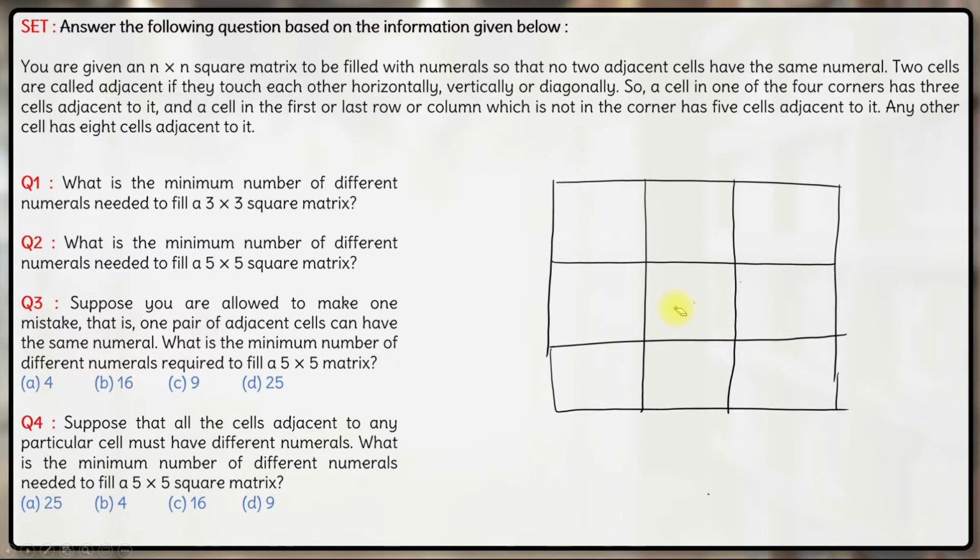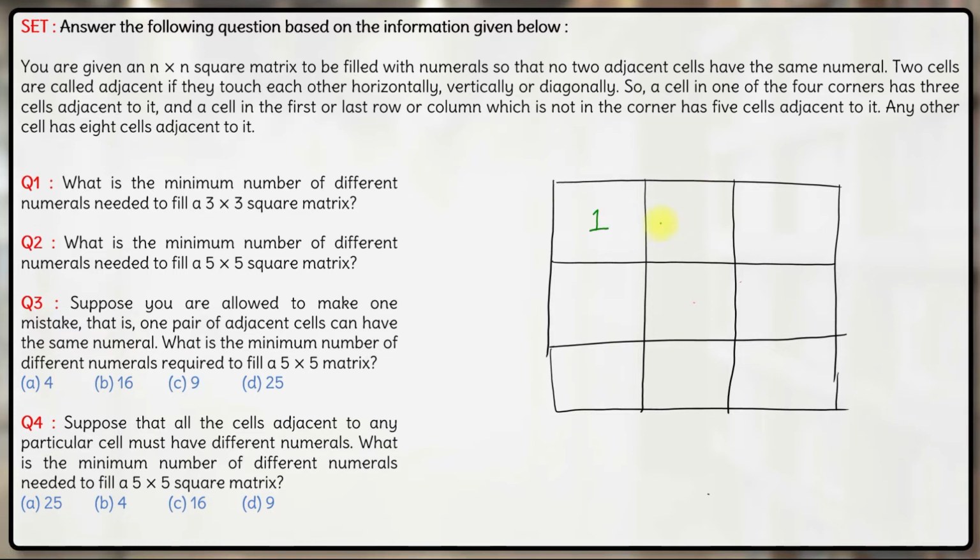Okay, so let's look at the question. First question: what is the minimum number of different numerals needed to fill a 3 by 3 square matrix? Adjacent cells should not have the same numeral. So let's say we fill in a 1 at this corner cell. Now let's fill in the adjacent cells around it.